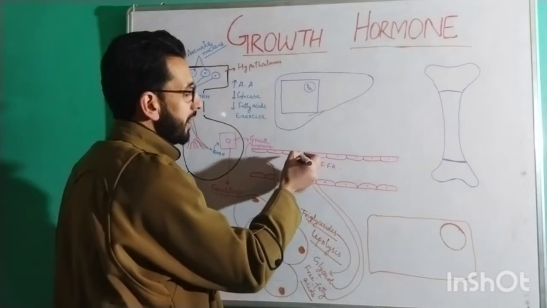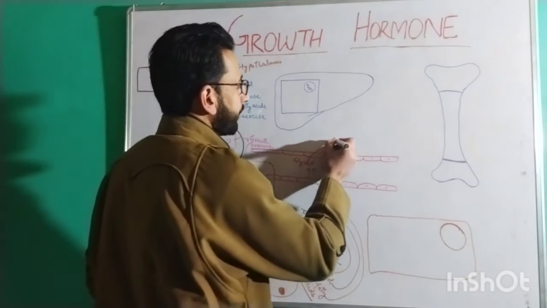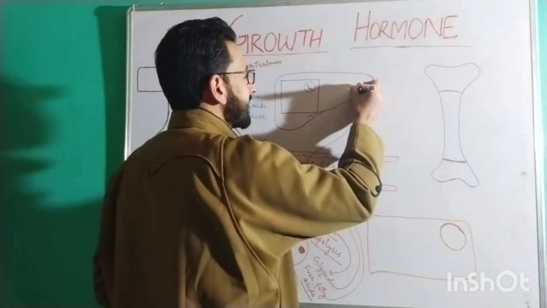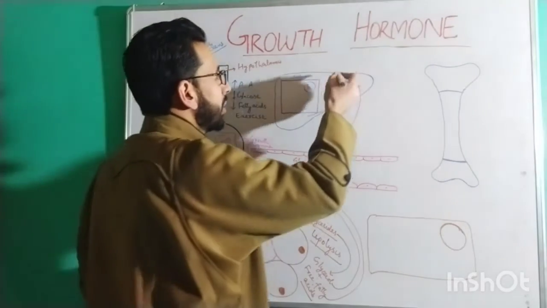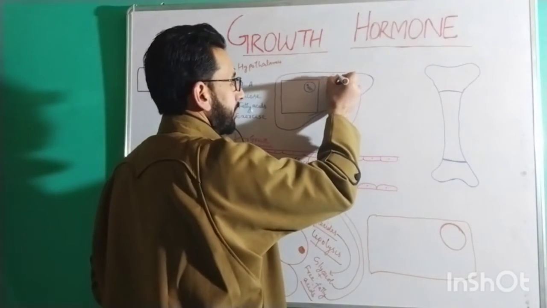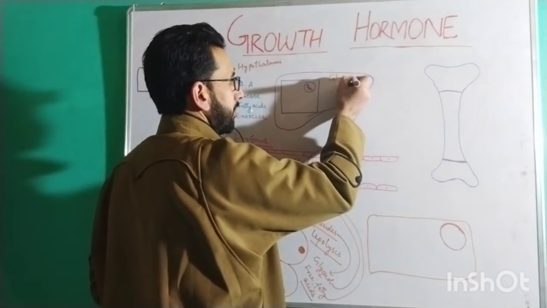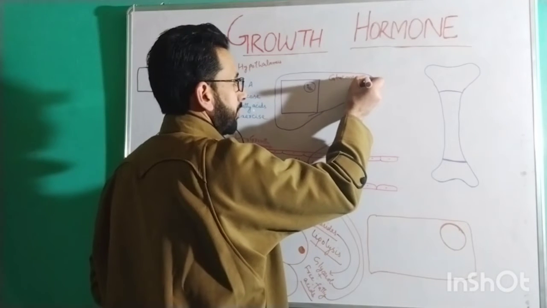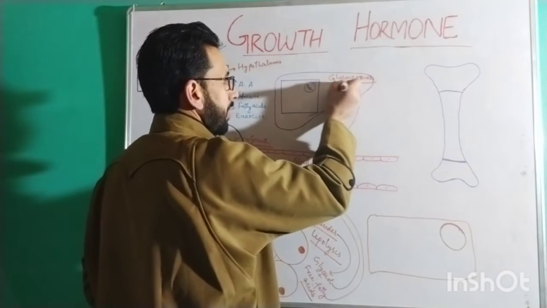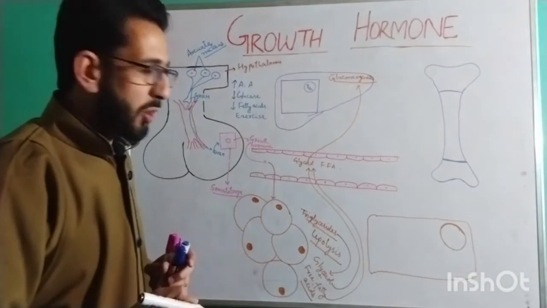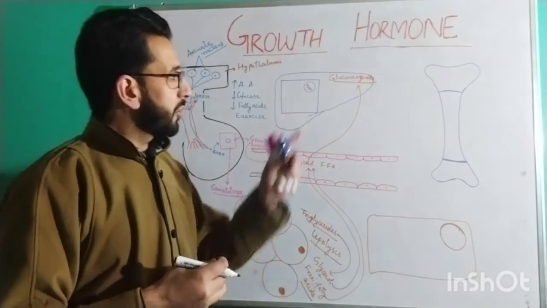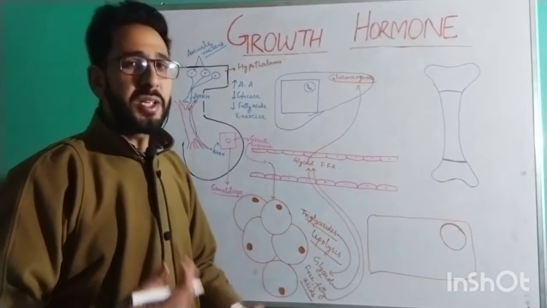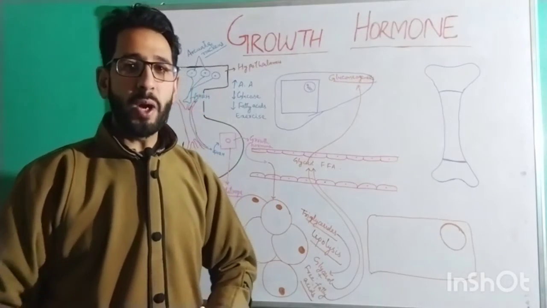This glycerol actually moves to the liver, where this glycerol is used in a process which is called gluconeogenesis. Gluconeogenesis is formation of glucose from non-carbohydrate sources.